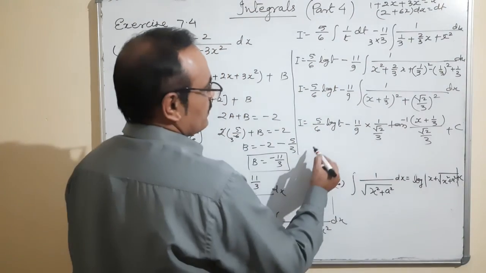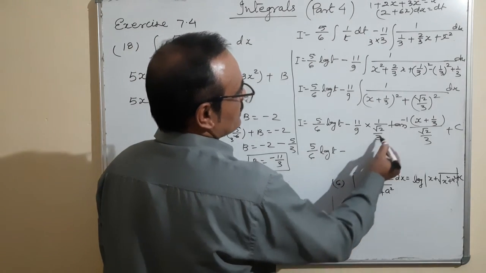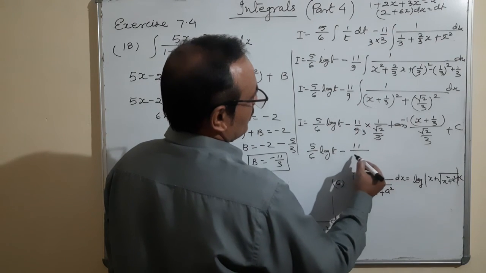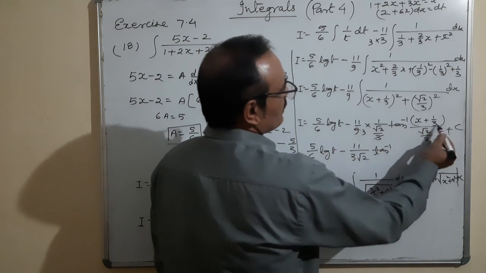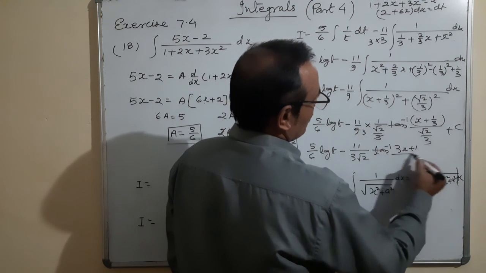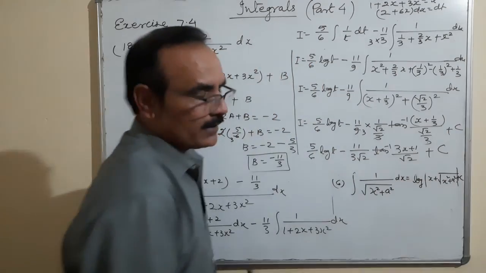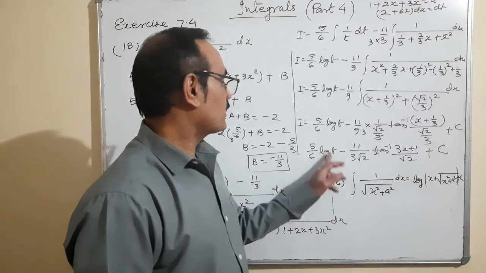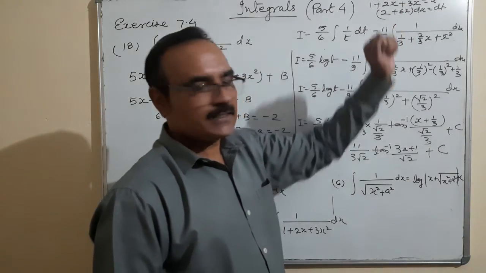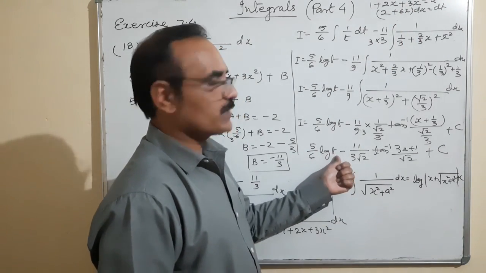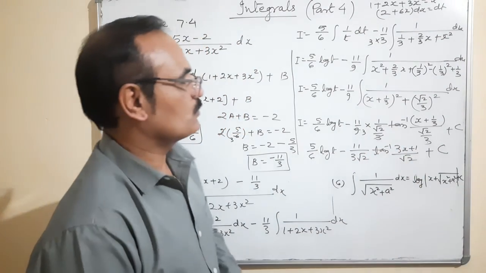So what is coming? 5 upon 6 log t minus 11 upon 3 root 2 tan inverse, this is 3x plus 1 upon 3, cancel, root 2 plus c. And finally, 5 upon 6 log, what is the value of t? 1 plus 2x plus 3x square. 5 upon 6 log 1 plus 2x plus 3x square minus 11 upon 3 root 2 tan inverse 3x plus 1 upon root 2 plus c.